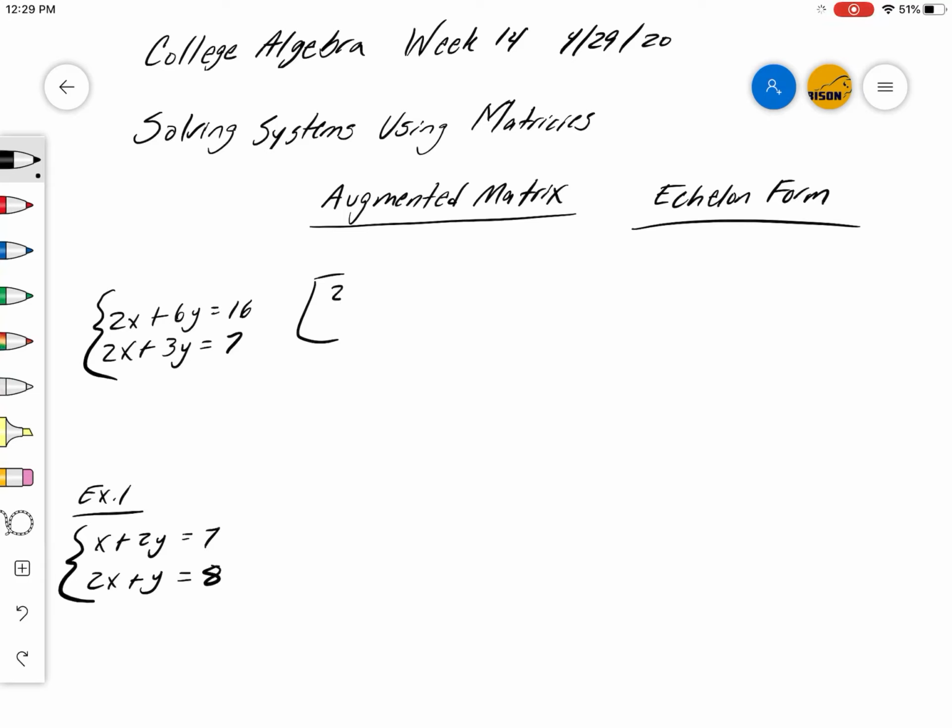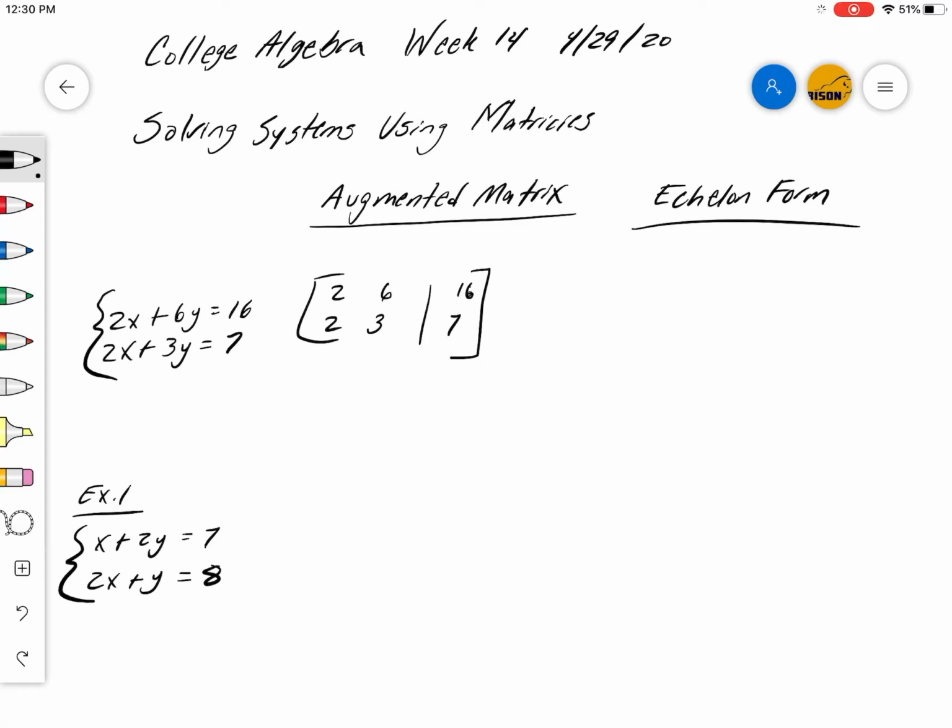So what we do is we take only the coefficients and we put them in this thing called an augmented matrix. So I've got a 2, a 3, and a 7. This is an augmented matrix. It's covered by brackets. There is a little line here that separates the problem side from the answer side. Most people do away with that as they get better at this.